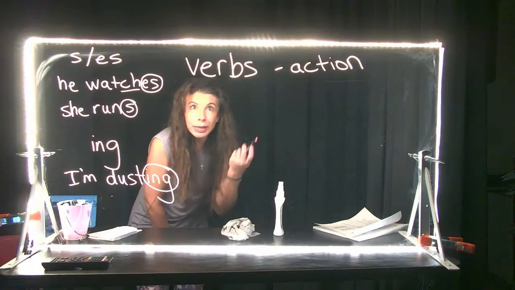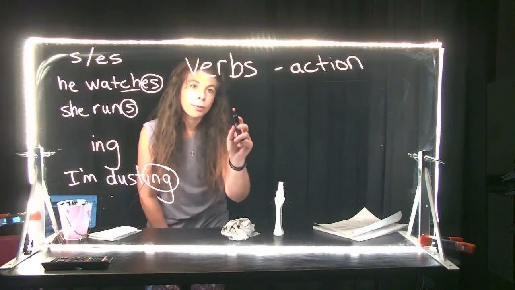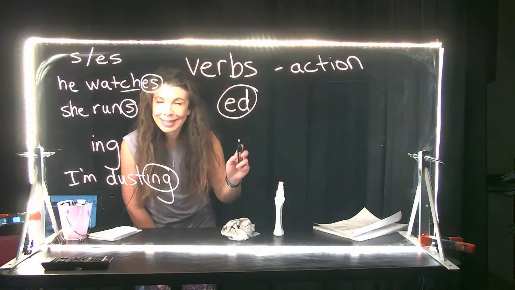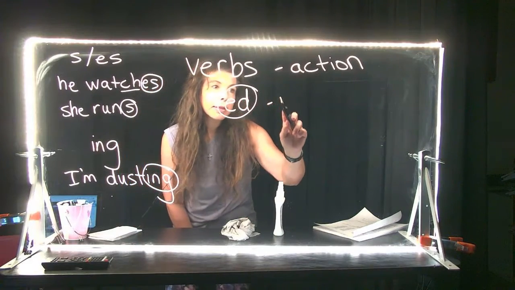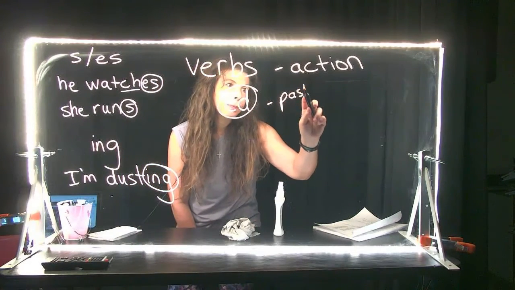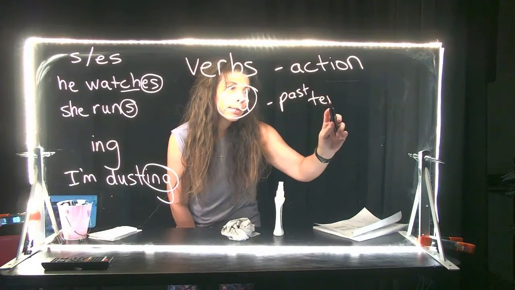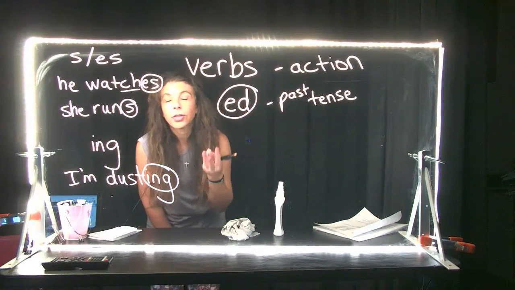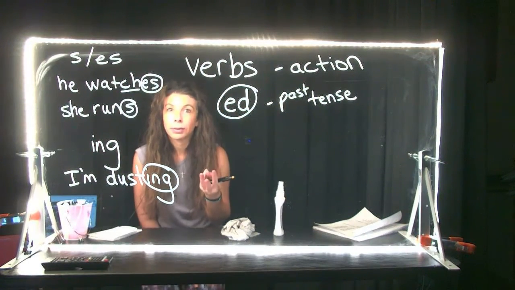The other big suffix that is added to verbs is the ed. And the ed makes a verb in the past tense. Now, the thing that is tricky about the ed is the ed can make 3 different sounds.